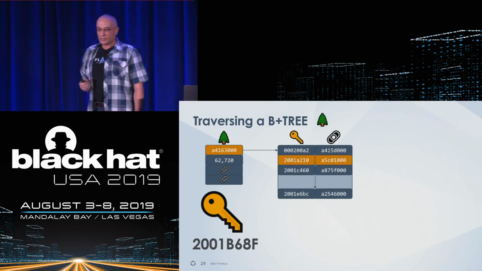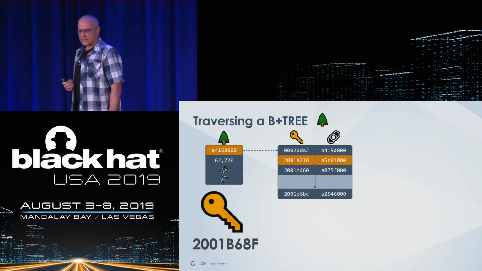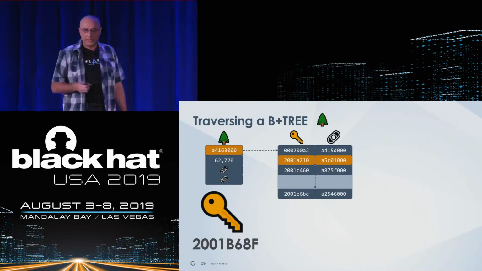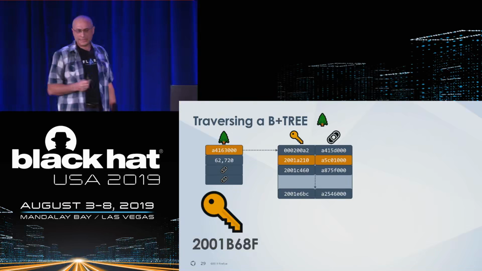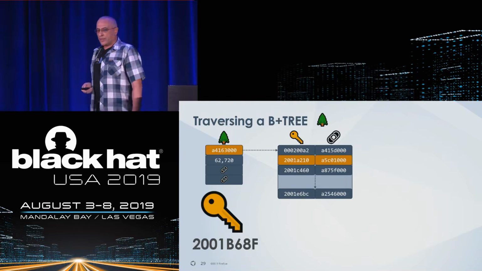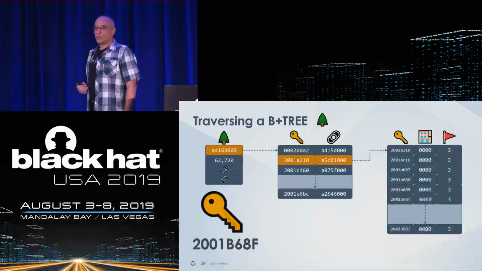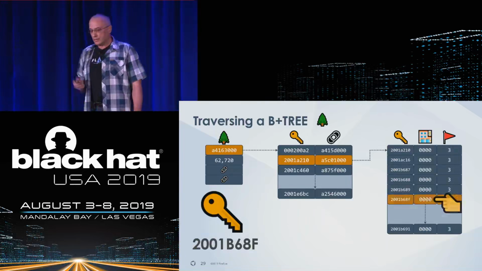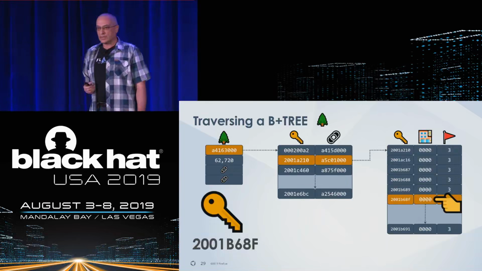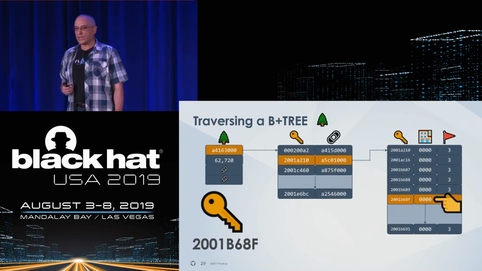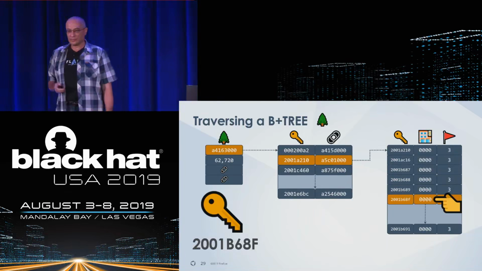Since our value 2001B68F is greater than 2001A210, but less than the following key, our range belongs to the second entry inside the node. By dereferencing the associated pointer, we will eventually reach the leaf node, and then we will see our key inside associated with the store index. And in our case, the store index is 0.